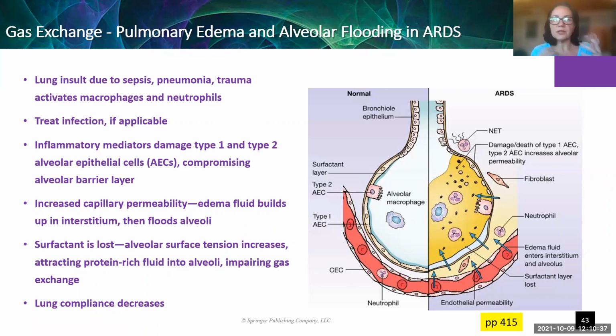We don't understand exactly why, except that the neutrophils and macrophages are overactive. They're producing too many inflammatory mediators, and they're creating all this havoc. So in some cases, suppressing the immune system, although it sounds counterintuitive, actually seems to help some patients.